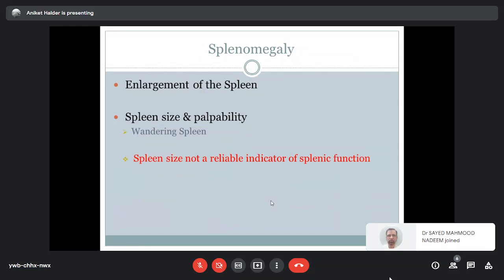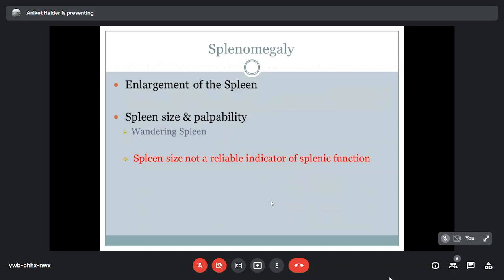So, what is splenomegaly? Per se, it is the enlargement of the spleen, and the spleen size and palpability are not equivalent. For example, in case of wandering spleen, which is nothing but a lax phrenicocolic ligament, due to this lax ligament the spleen may come down from its normal anatomical position and can be palpable, and it is also highly mobile.